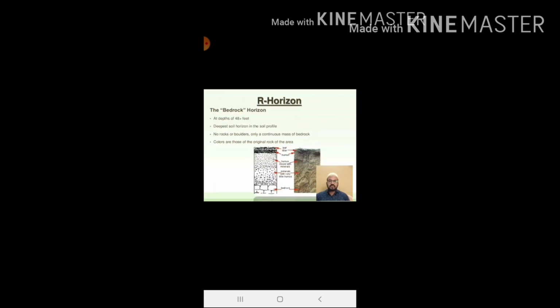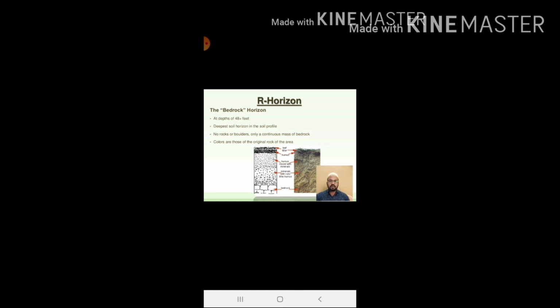Now the last one is the R horizon, which is also called bedrock. This is the lowermost layer and mainly consists of parent rock or bedrock. This layer undergoes weathering and starts forming the soil. It is the layer in which, 100,000 years back, due to the weathering process, the soil started forming.